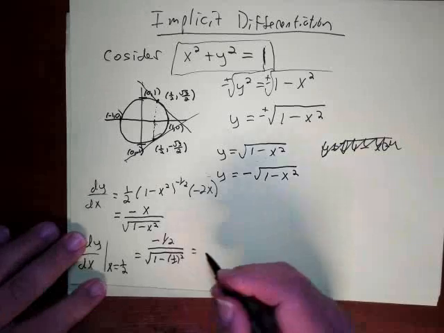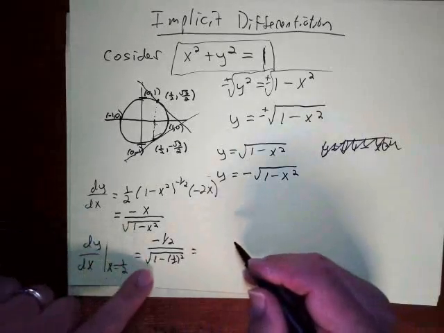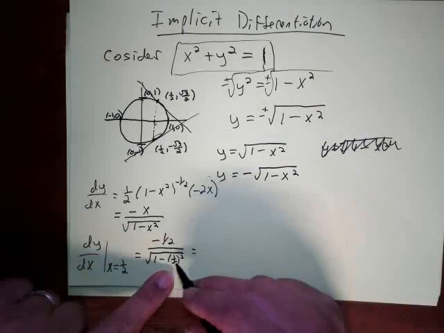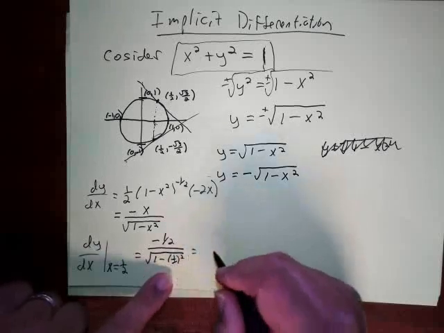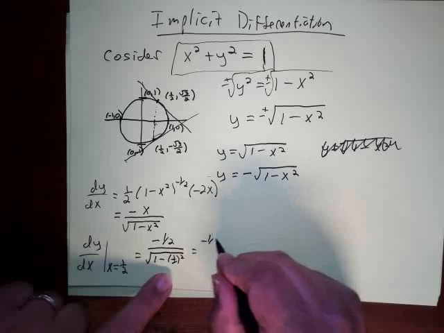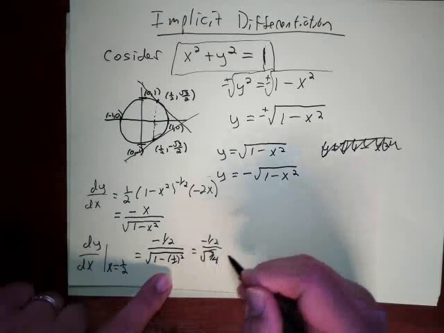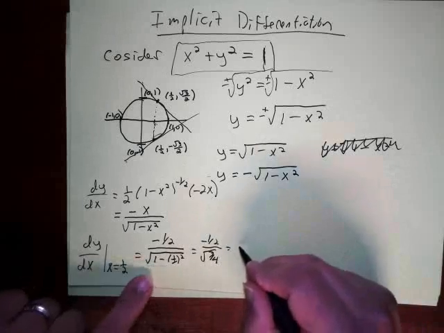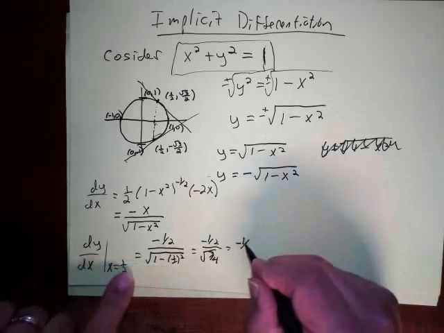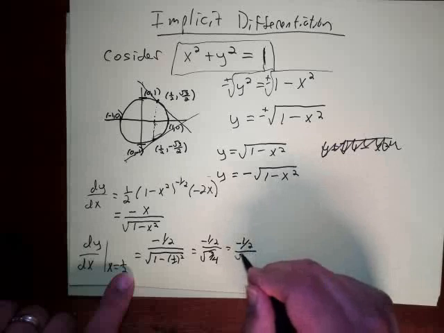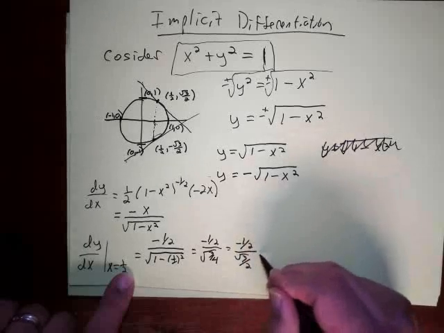Okay, and so 1/2 squared would be 1/4, so I'd get 3/4 here, so I'd have negative 1/2 over the square root of 3/4, and so I could rewrite this as negative 1/2 over the square root of 3 over 2.